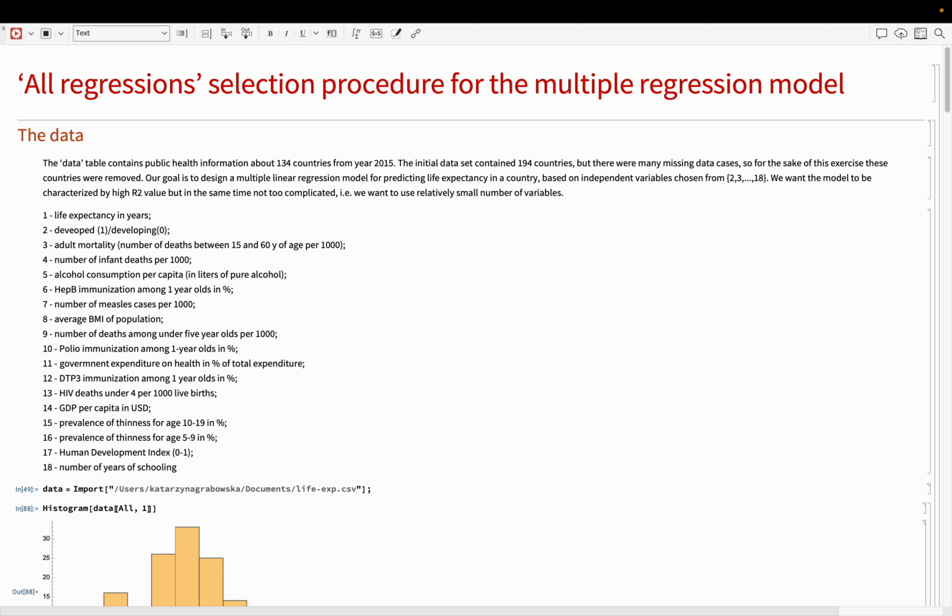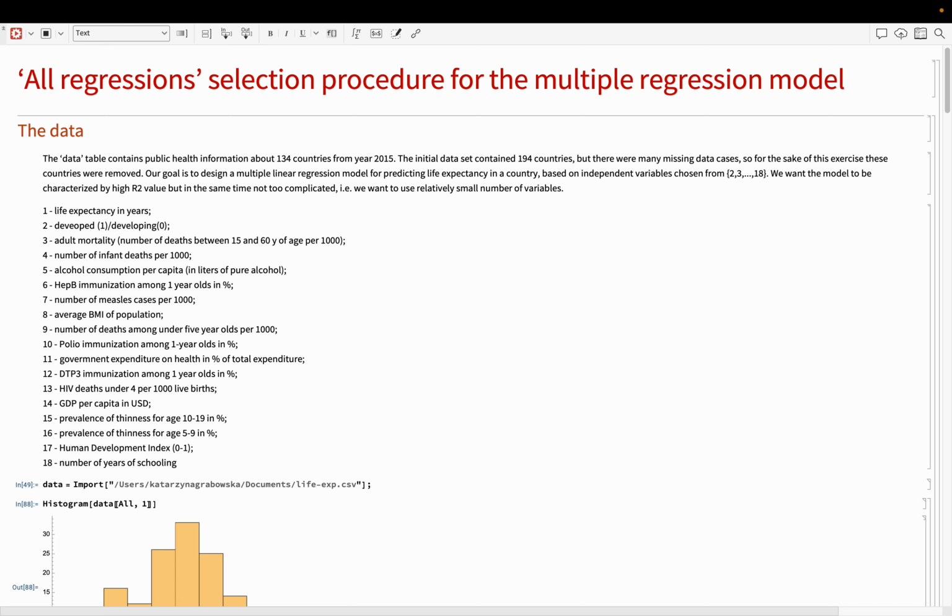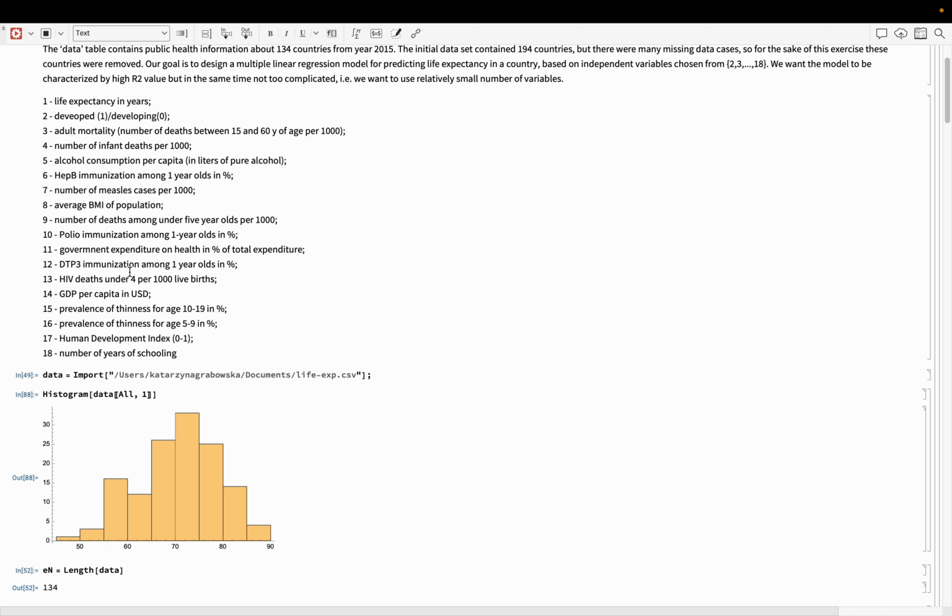Variable number 10, the percentage of 1-year-olds that are immunized against polio. Variable number 11, the expenditure on health in percentage of the total government expenditure.